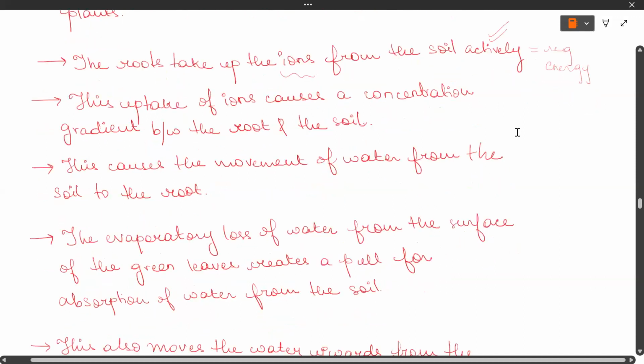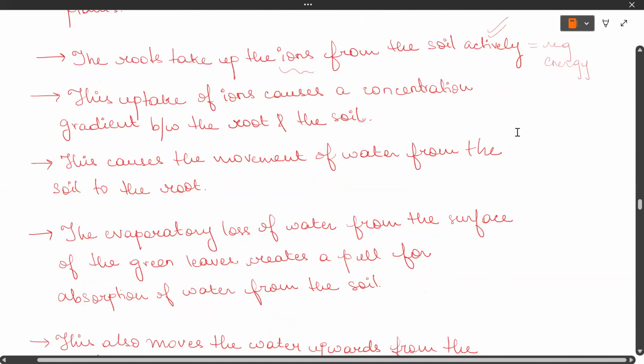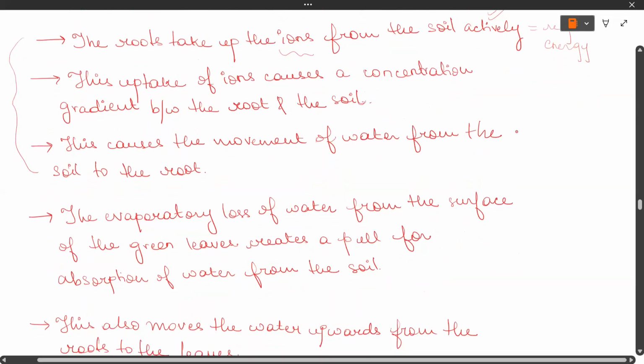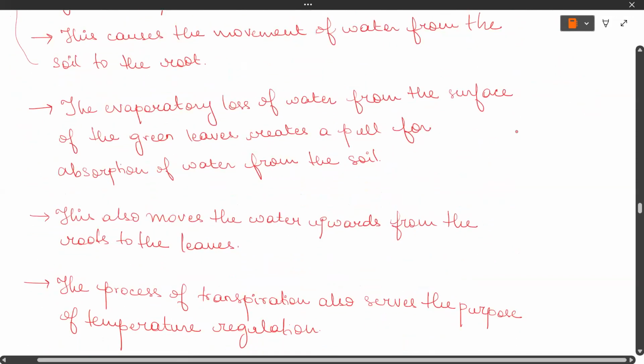Yes. So when the water is less, it means that the water will move from the soil to the root. So it basically sets up a concentration gradient. Okay. Now, this is one of the ways by which the water can move. Now, apart from this, we know that there is the evaporatory loss of water.